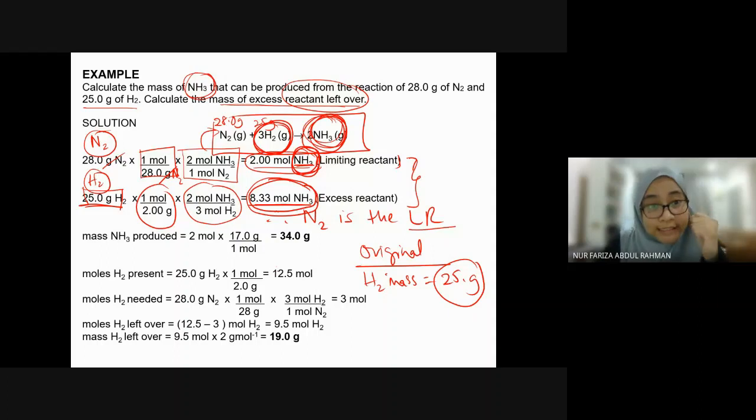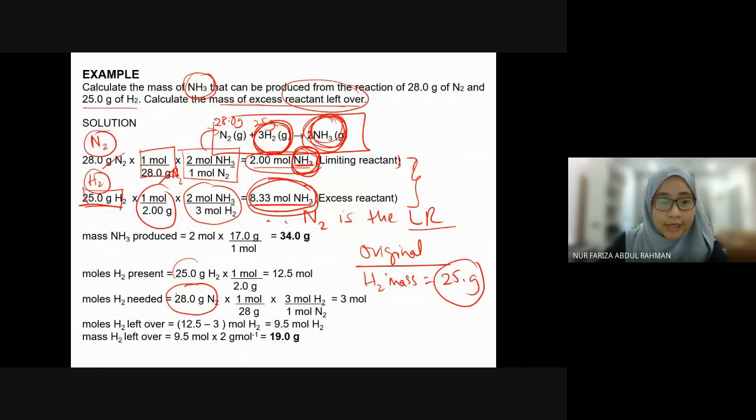Again, we will base it on the limiting reactant, of course. So we have 25 gram of the excess reactant. In order to know how much is used, we will be based on the limiting reactant, using it as our starting point here.